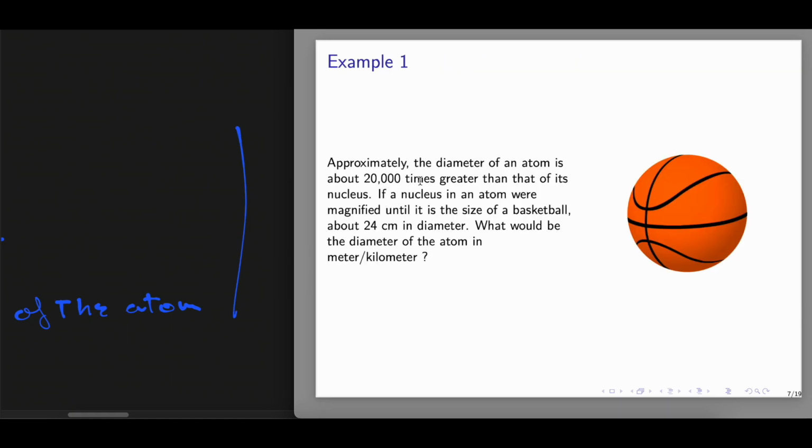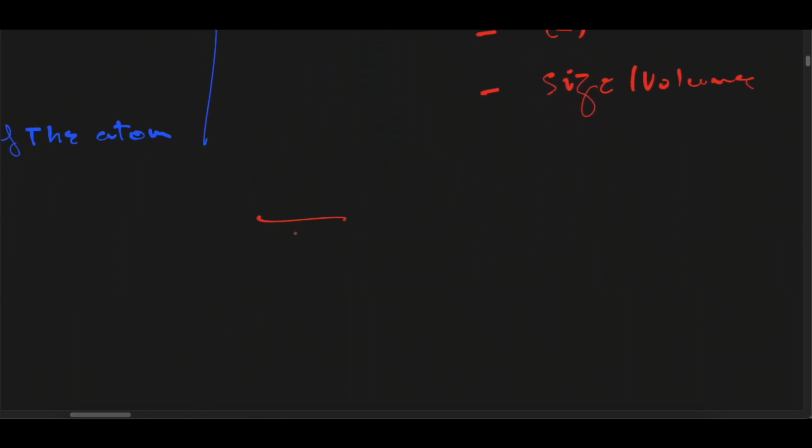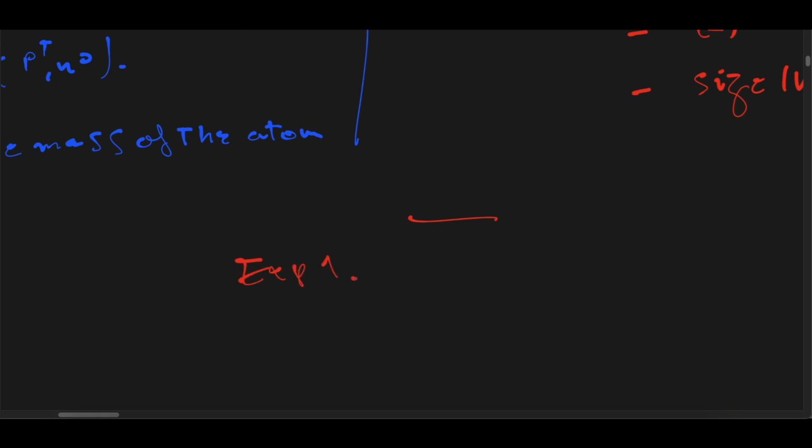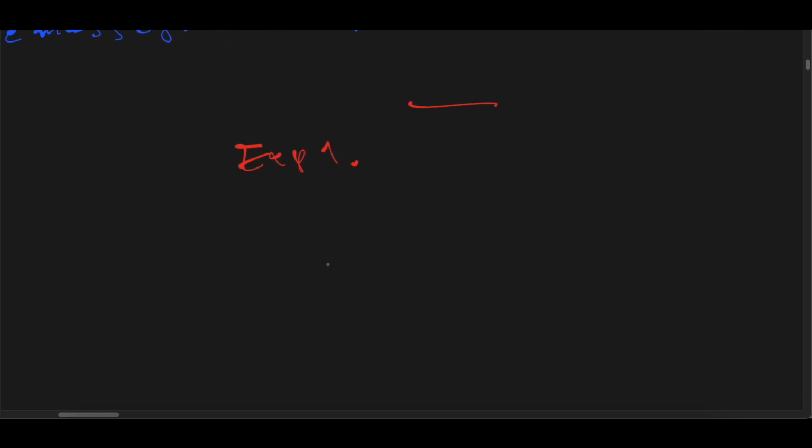Approximately, the diameter of an atom is about 20,000 times greater than that of its nucleus. Here we can see the difference between the diameter of the nucleus and of the atom.